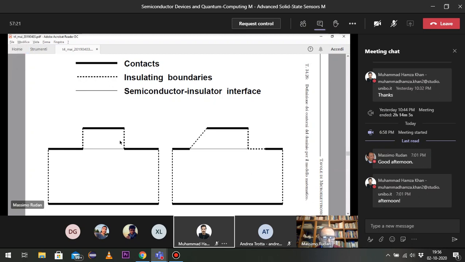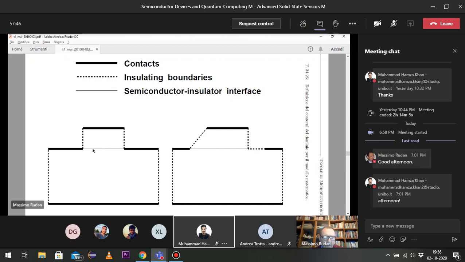Of course, there can be no current crossing the two lateral sides of the insulator, so they are insulating boundaries. So insulating boundaries are those boundaries that are not crossed by any current density.